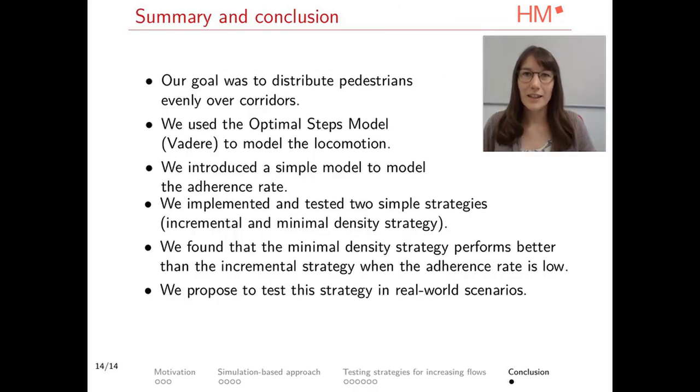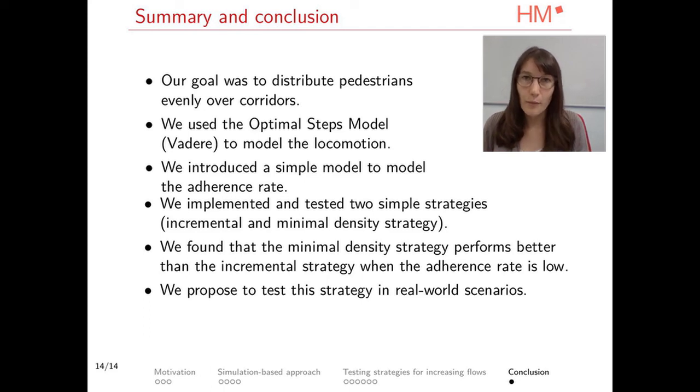Now I come to the end of my presentation. So what did we do? At the beginning we talked about the train station in Munich, where the utilization of the different corridors varied strongly. We proposed to use guiding strategies to distribute pedestrians over these corridors.